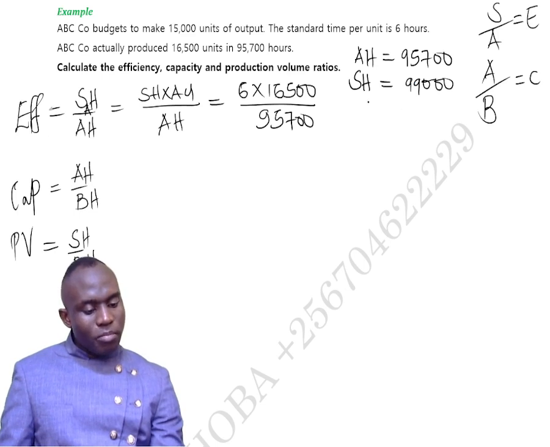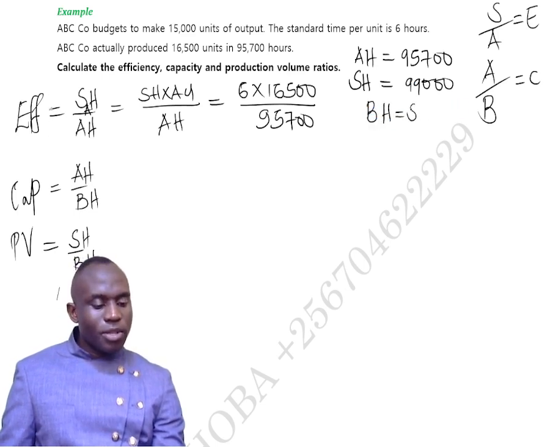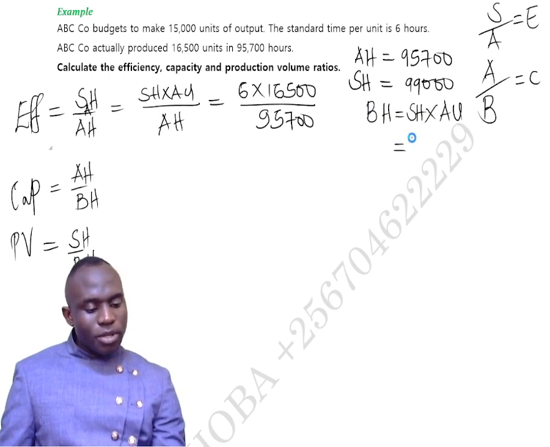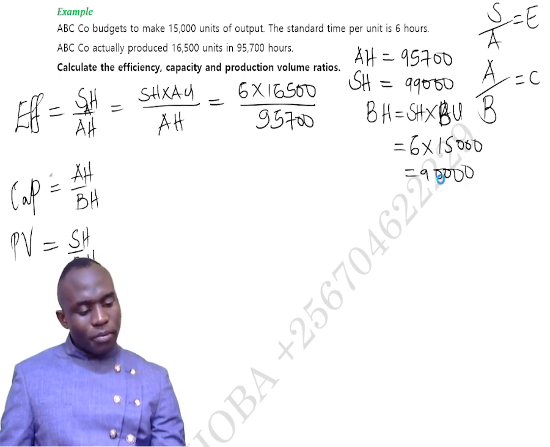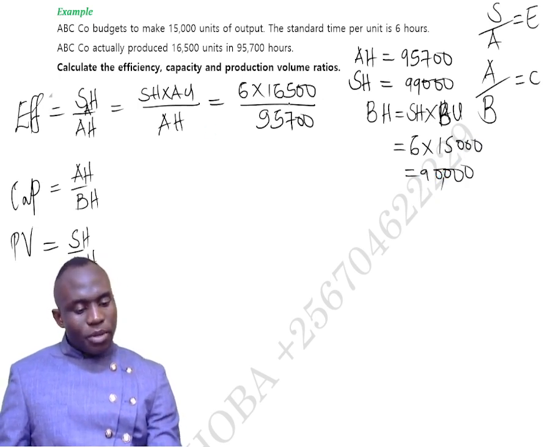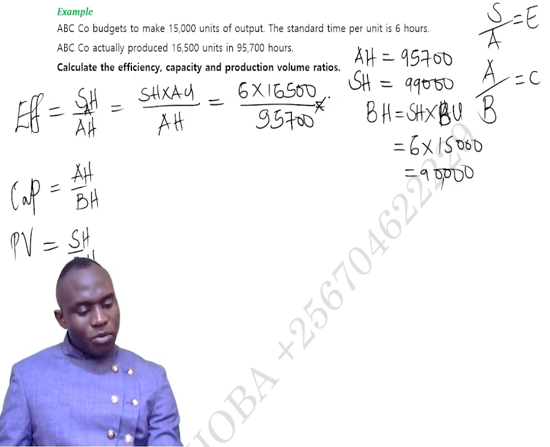Then if you want budgeted hours, if budgeted hours are not given, it is standard time per unit times budgeted units, not actual. So it is 6 times 15, which gives us 90. So this is times 100.